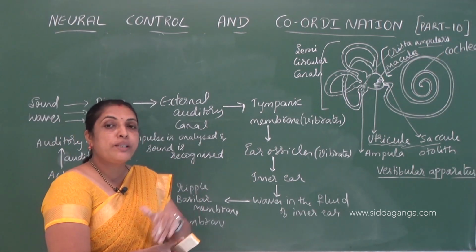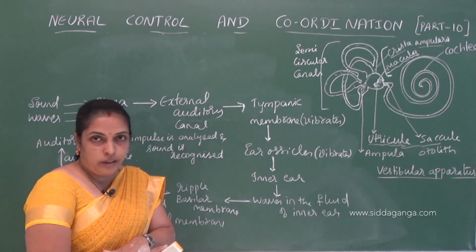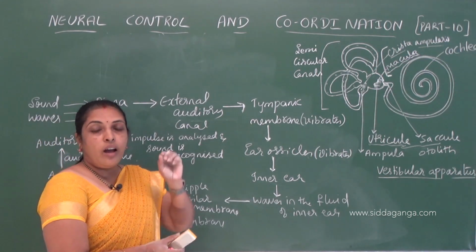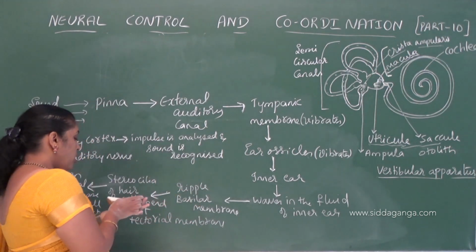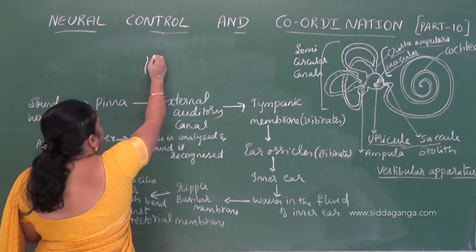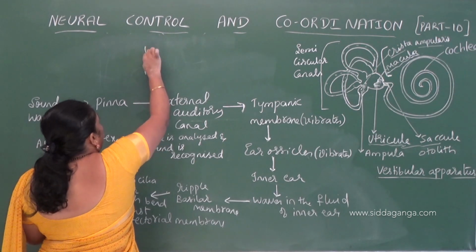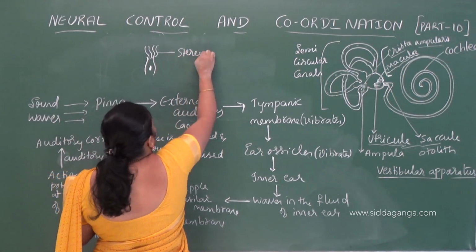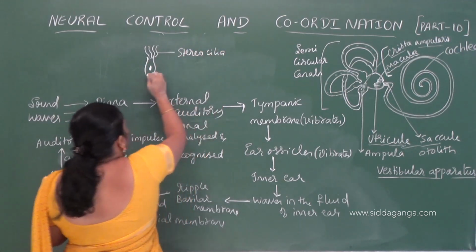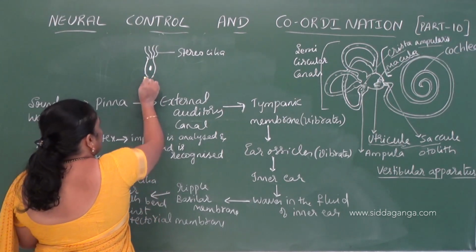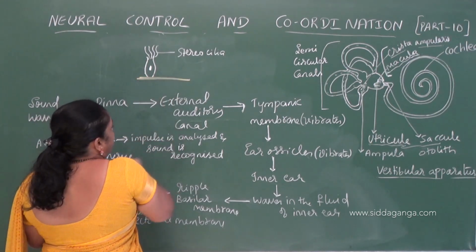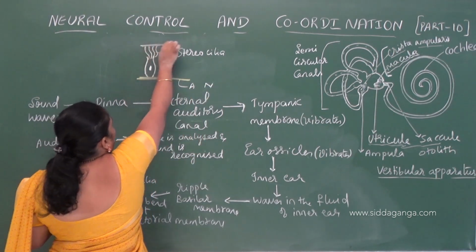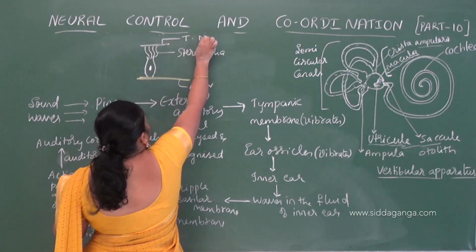Organ of Corti is present on the basilar membrane. What does it contain? It contains hair cells, and the apical part of the hair cell has hair-like structures called stereocilia, and the basal part is in contact with the afferent nerve, and the stereocilia are in contact with the tectorial membrane.